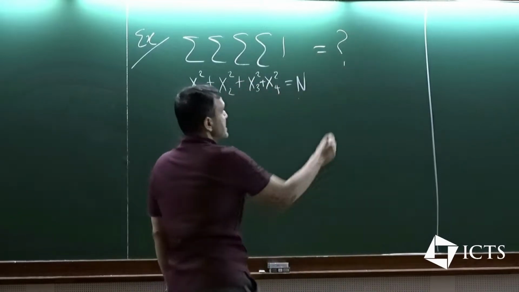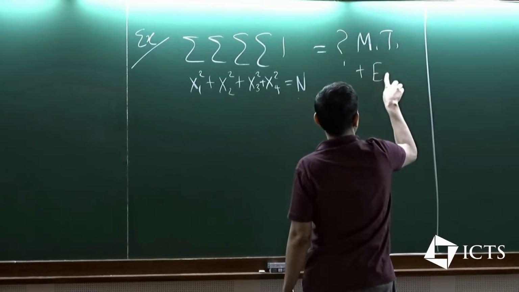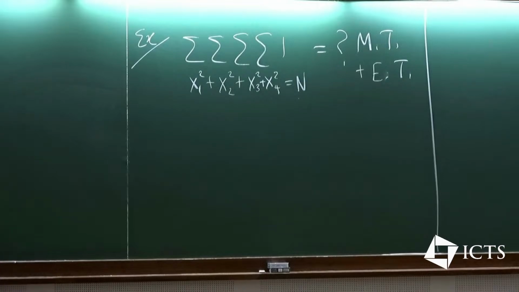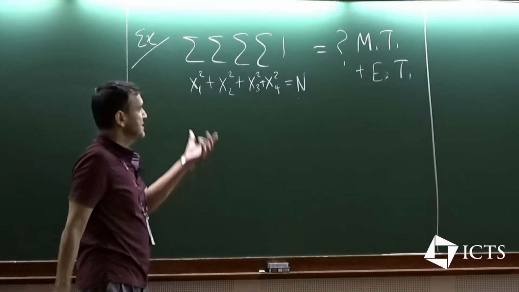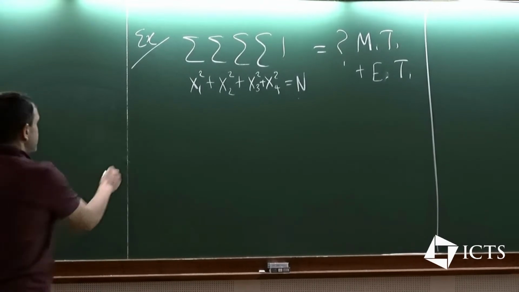We want a main term and an error term, an asymptotic formula. This makes sense because the form is definite, but if the form is indefinite, then I need to specify the size of the variable x. So in general, the question will take this form.